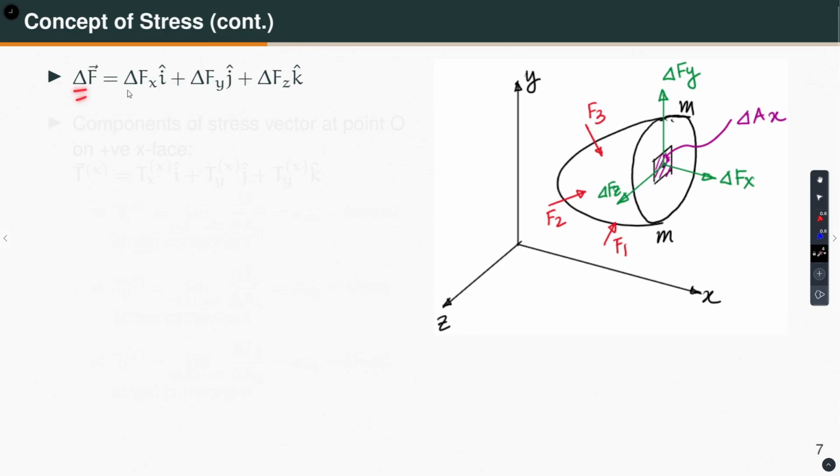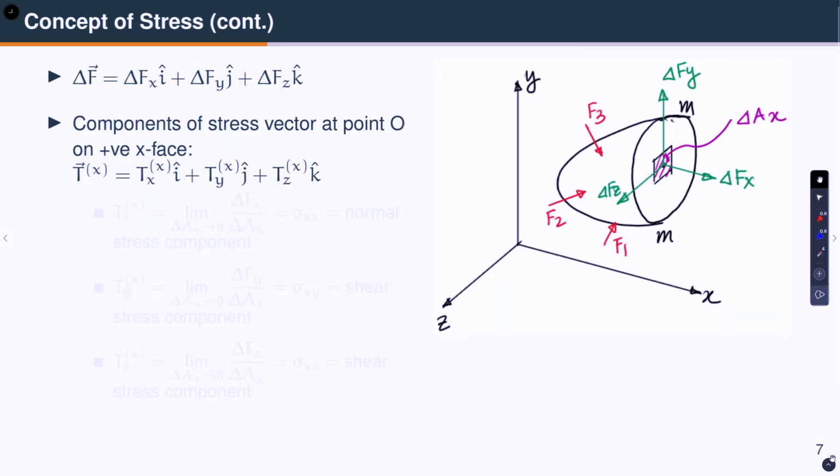So, delta f is basically delta f x i plus delta f y j plus delta f z k. Okay. So, can I now say that my traction vector, or the stress vector at this point on the x plane, can now be written as T x x into the unit vector i plus T x y into unit vector j plus T x z into the unit vector k.